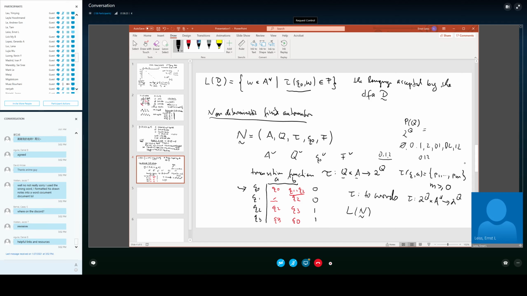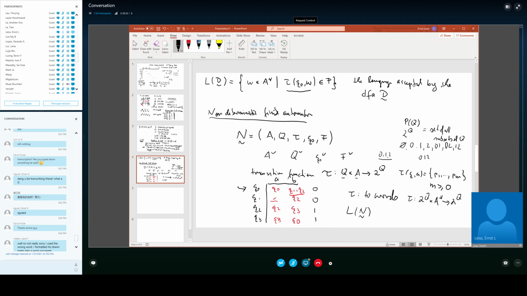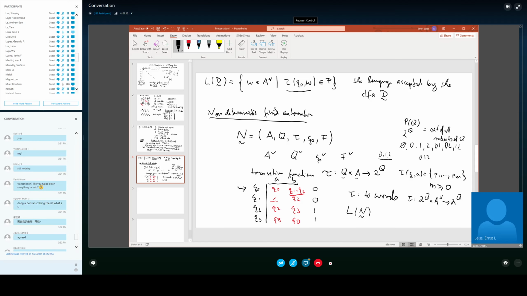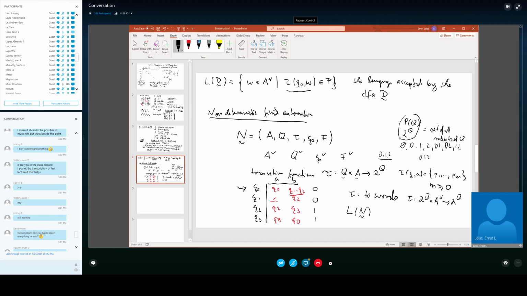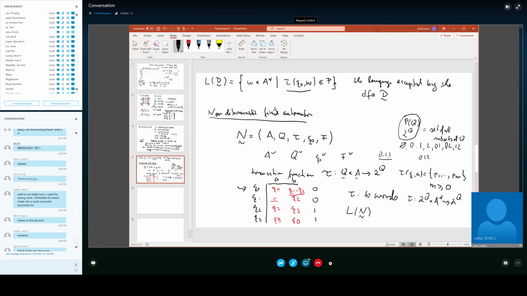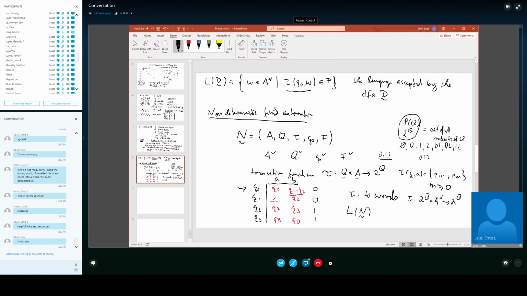So the definition is the set of all subsets of Q. You can use either one of the notations. Doesn't make any difference. But basically, it's the power set. Does that clarify it? Yeah, okay. Any other questions?